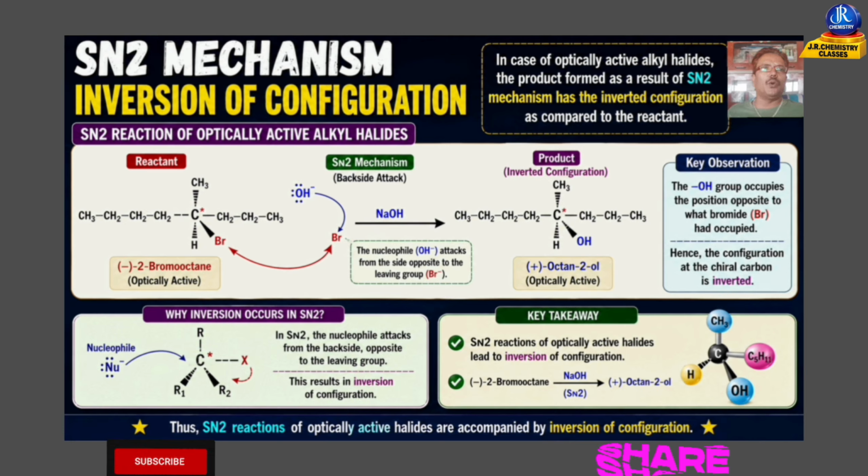When minus 2-bromooctane is allowed to react with sodium hydroxide, plus octan-2-ol is formed with the OH group occupying the position opposite to what bromide had occupied. Thus, SN2 reactions of optically active halides are accompanied by inversion of configuration.